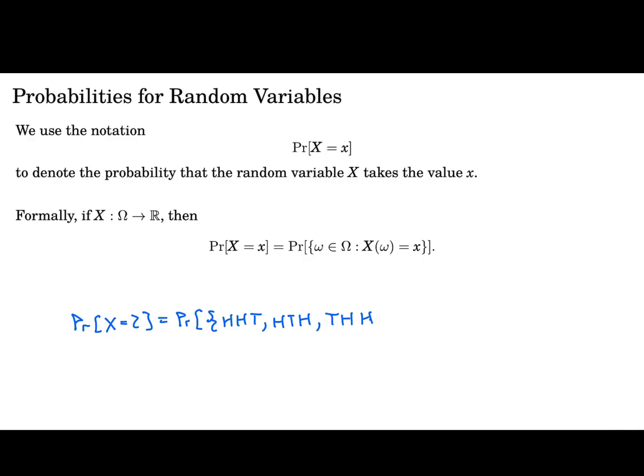This is precisely this set over here. It's all the events, 3 of them in this case, such that when you apply the random variable to any of these 3, you get this number 2. Now what's the probability of these 3 occurring? Well, they are 3 events, and the total space is 8, right? And so the probability is 3 over 8.